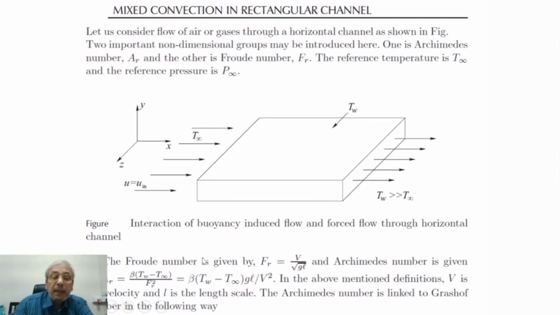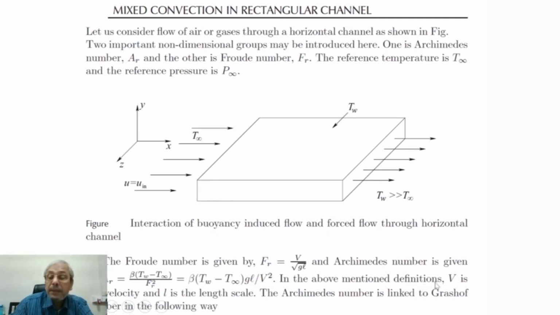The Froude number is given by Fr, which is basically V by root over gL, and the Archimedes number is given by beta (Tw minus T infinity) by the Froude number squared, equal to beta (Tw minus T infinity) gL by V squared.